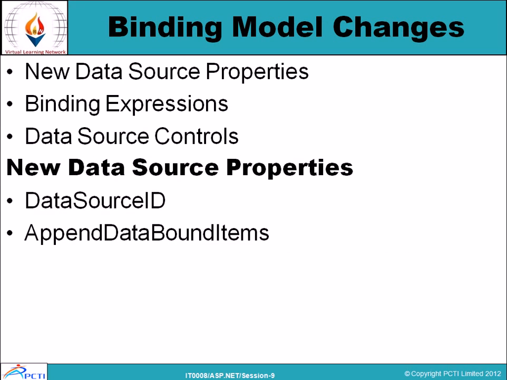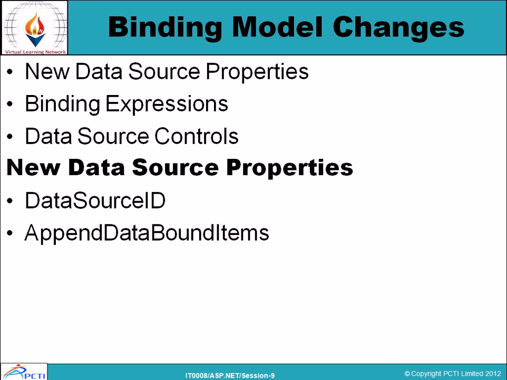Next point is binding model changes. The way the database gets connected with the data connection string is being discussed under the binding model changes, which includes new data source properties, binding expressions, and data source controls.